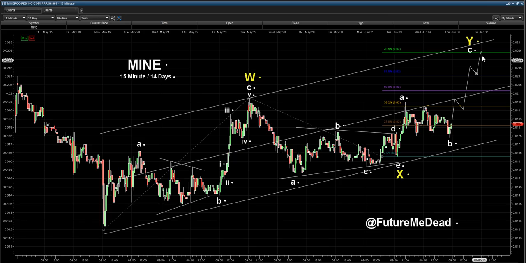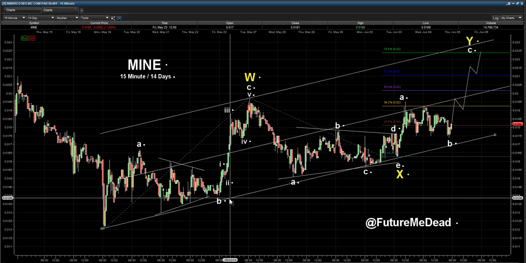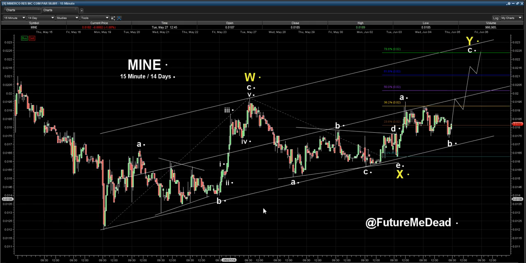Who knows? But I am looking higher in this stock, and again, the disclaimer is I don't intend to trade this, and the reason is I'm giving you a target, and that's all nice and dandy, but this is a very complex correction. This is one of the more difficult Elliott wave patterns that is out there.